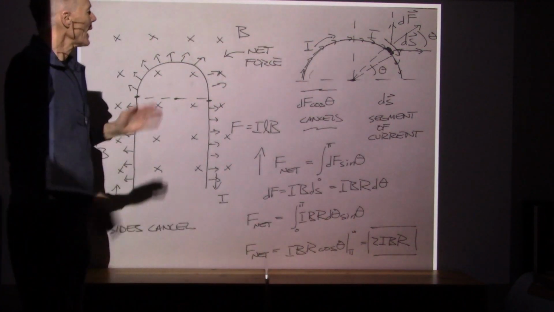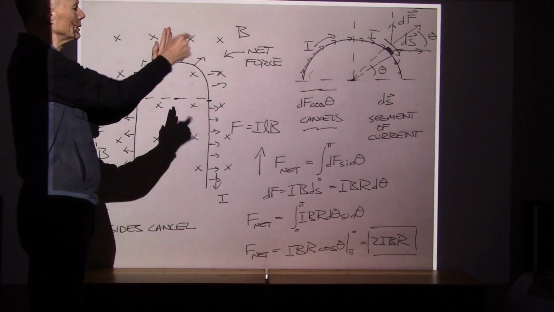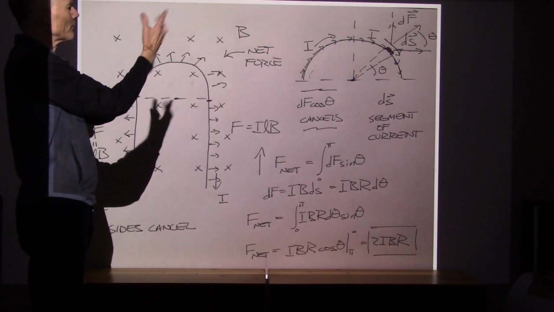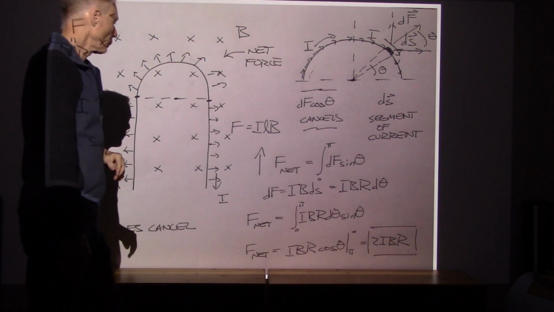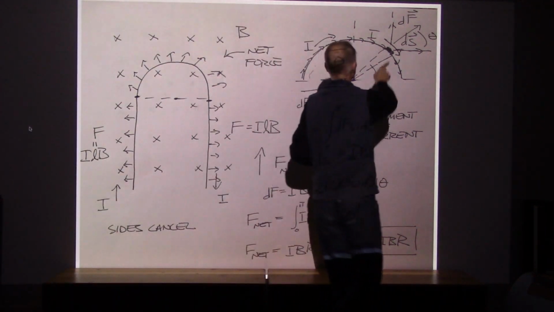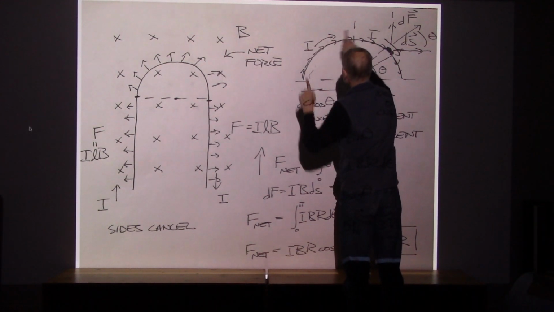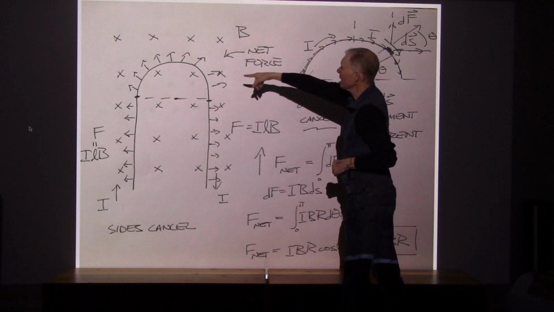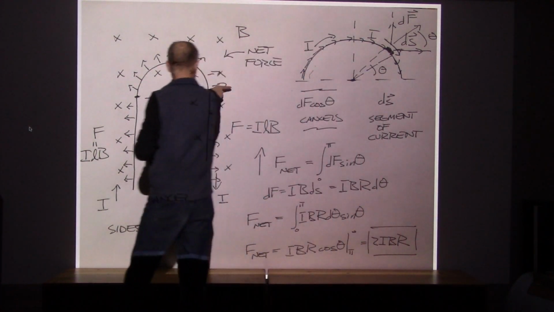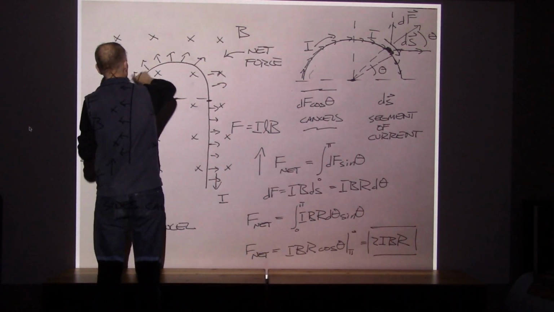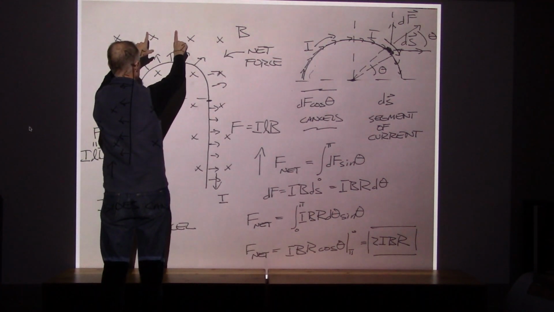Half the time they're going to be in this direction, and then the other half they're going to be this way. Those will cancel out. But the sine thetas won't. So what's going to happen if I add together all of the df's? The net effect is going to be upwards, and we can kind of see it from that diagram.